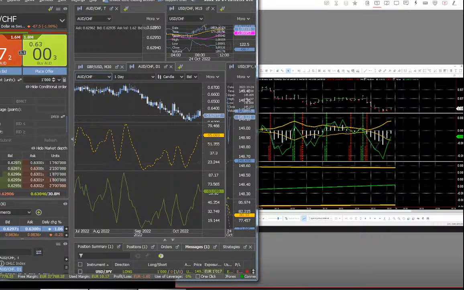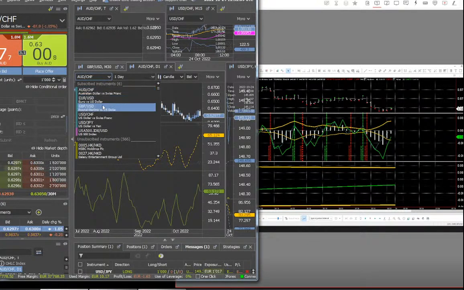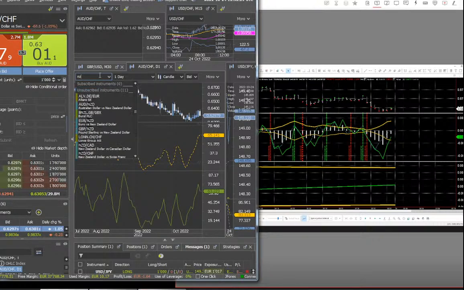Let's see. GH says 0.057. Let's put it up on J4X too at the same time. Oh, mouse. Right there. Where's it at? Right there. What's this? This is NZD Swiss. NZD. Right there.